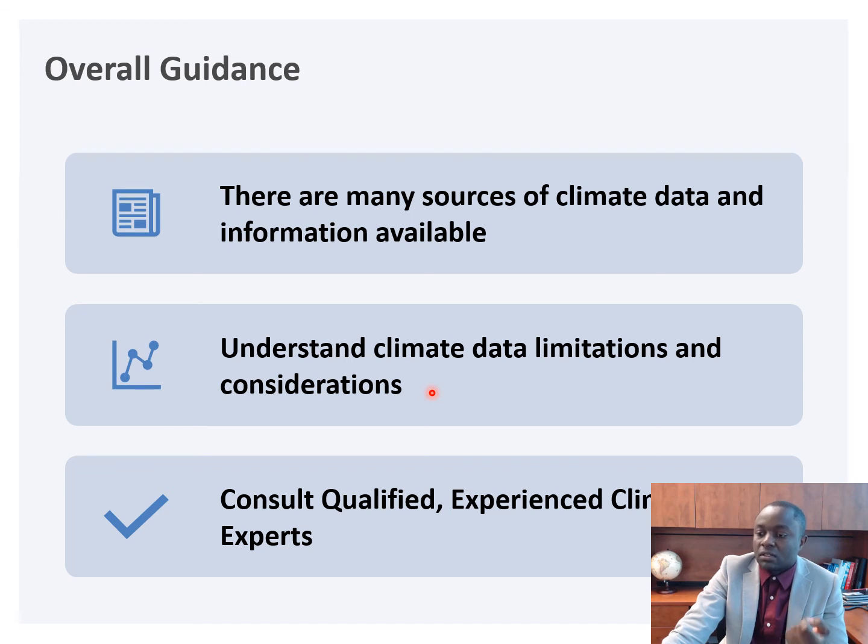Always consult a qualified, experienced climate expert to source the right data for you and analyze quality of the data, homogeneity of the data, especially for station observations. Station observations typically have a lot of gaps, and using this data will require that you consult a qualified expert to make sure the data used is homogeneous and representative of the project site under consideration.